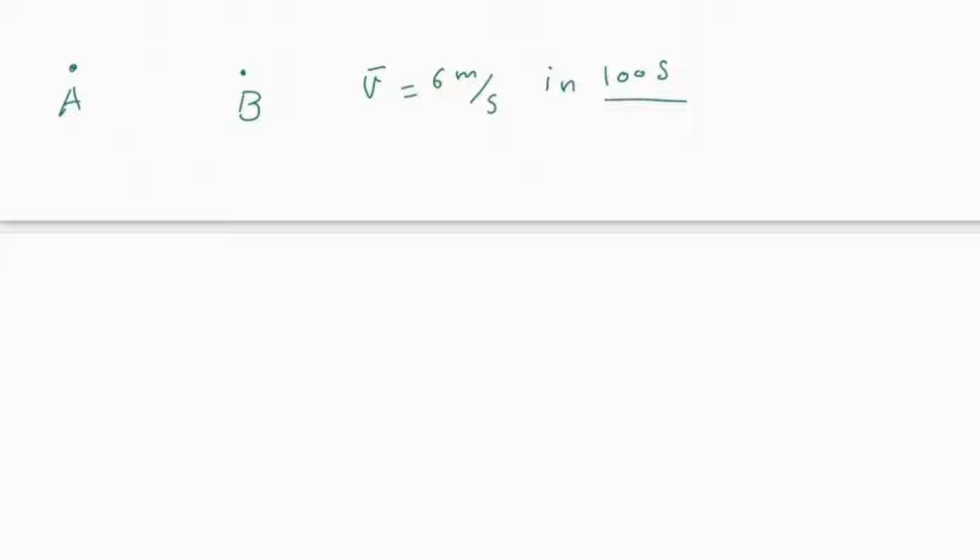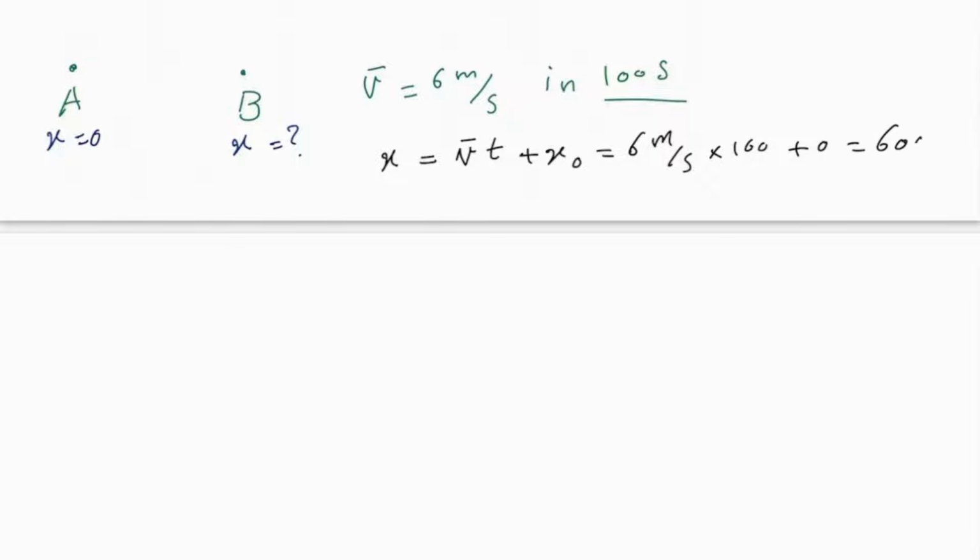If we assume initial position A to be 0, so x0 here is 0, what is the final position? What is the position at B? Let's use the equation we just obtained. x equal vt plus x0. v is 6, t is 100, x0 is 0. So this is 600 meters.